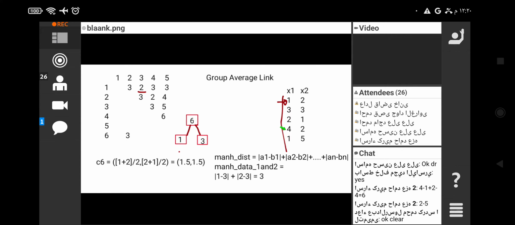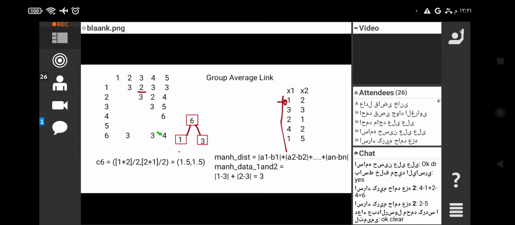The distance is 2.5 plus 0.5, which is 3 again. And the distance between cluster 6 and cluster 5 is 0.5 plus 3.5, which is 4. So these are the distances between cluster 6 and clusters 2, 4, and 5.